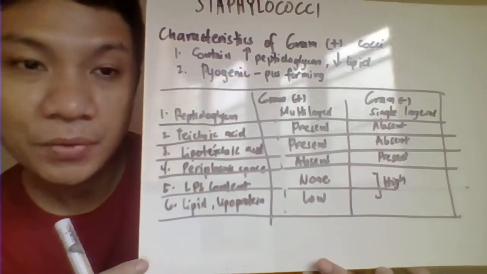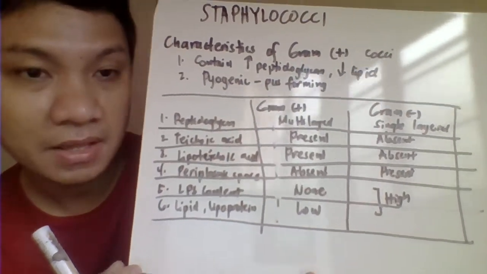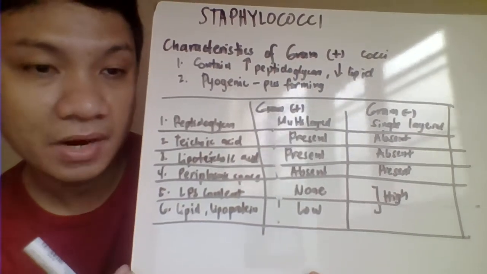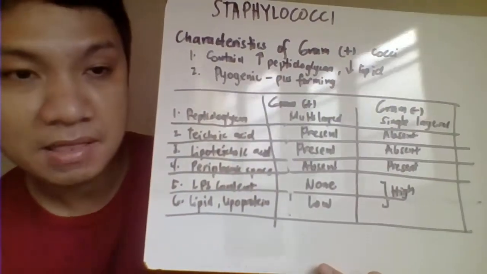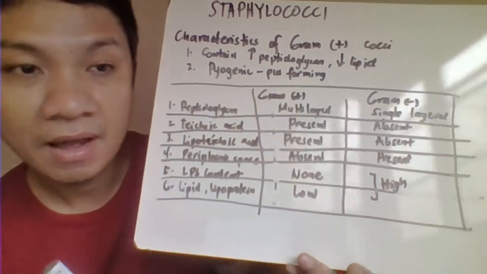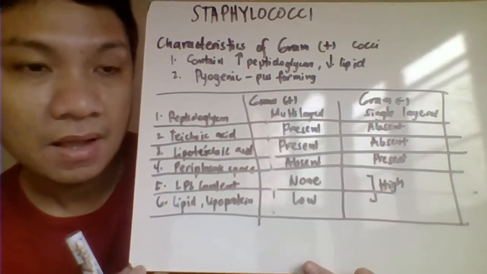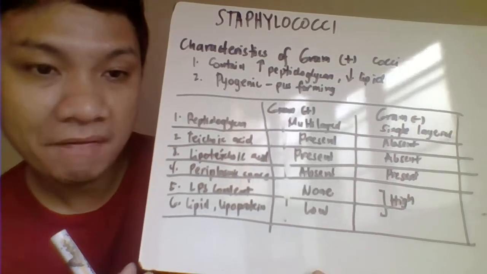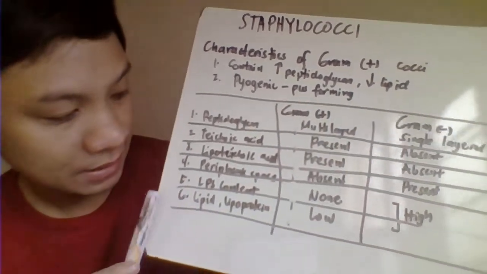Again, as a review, we have here the difference between your gram-positive and your gram-negative bacteria. With the peptidoglycan layer, the gram-positive has a very thick layer of peptidoglycan, whereas your gram-negative has a thin peptidoglycan layer, found basically on its inner membrane. Teichoic acid and lipoteichoic acid could only be found among gram-positive organisms, but not in gram-negative organisms.